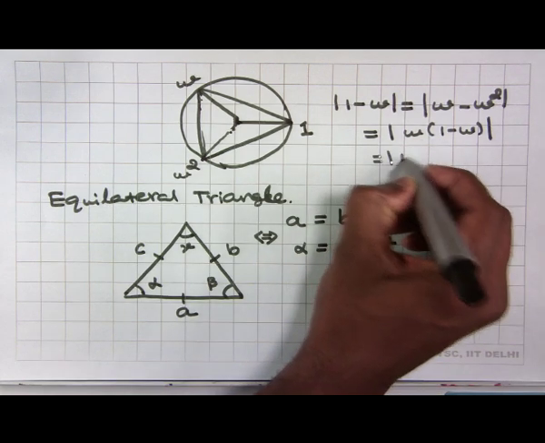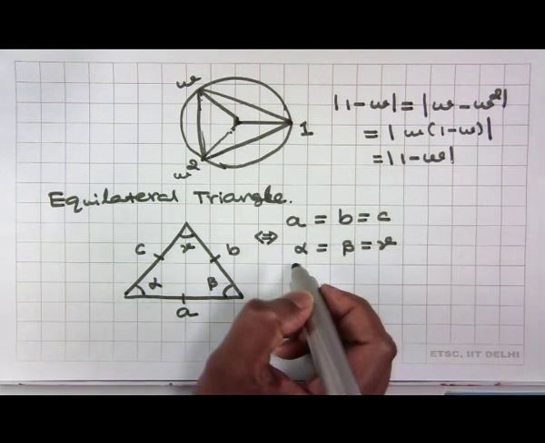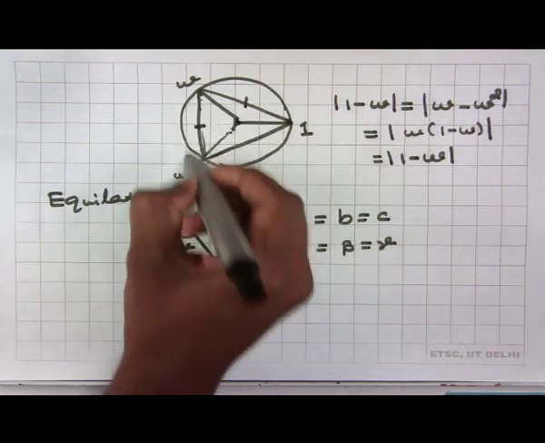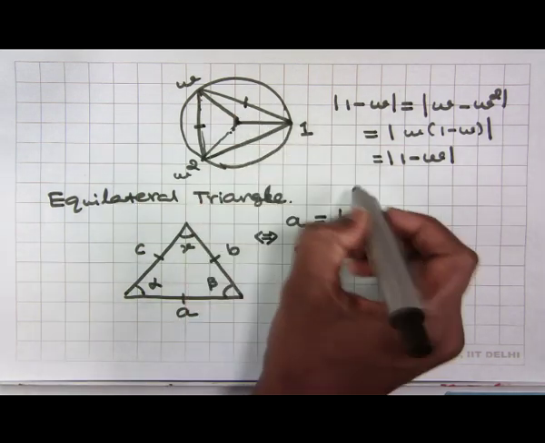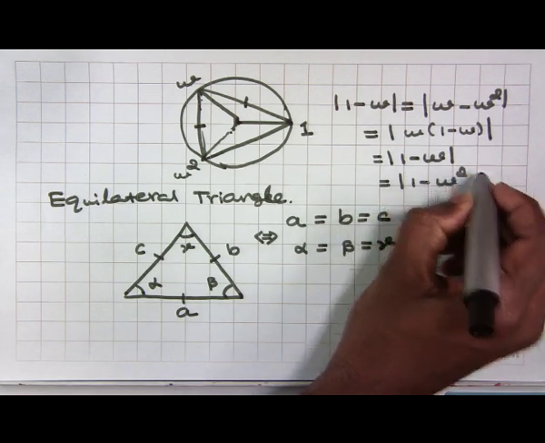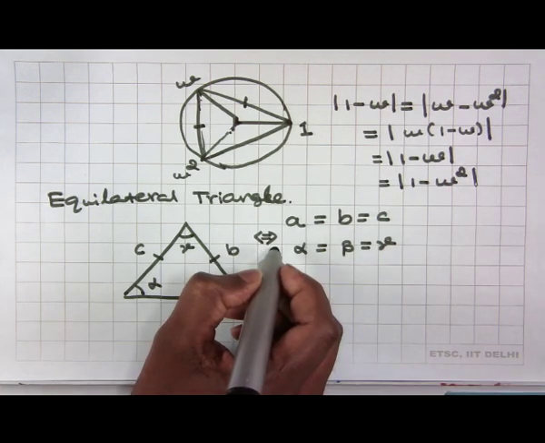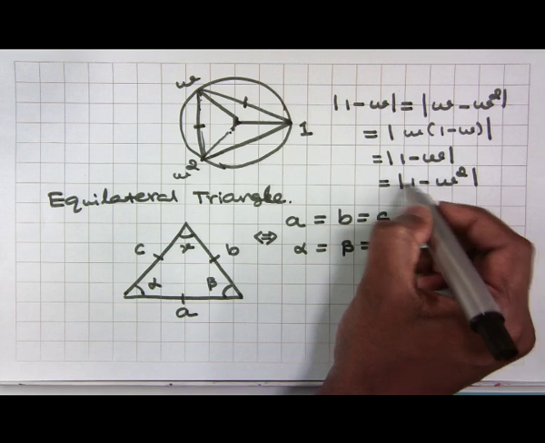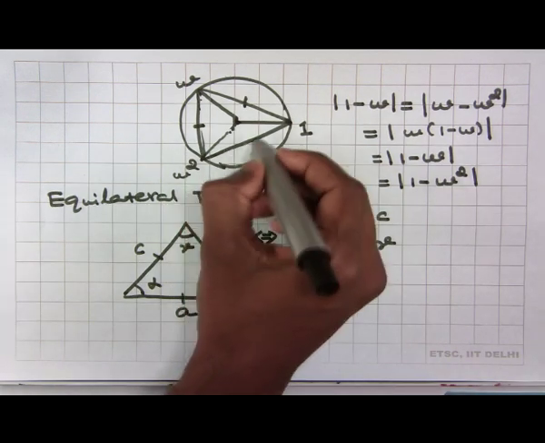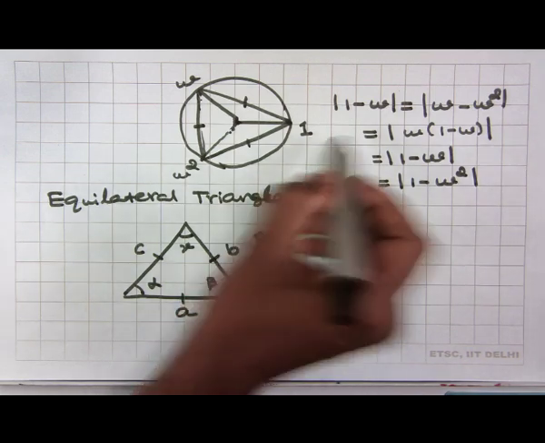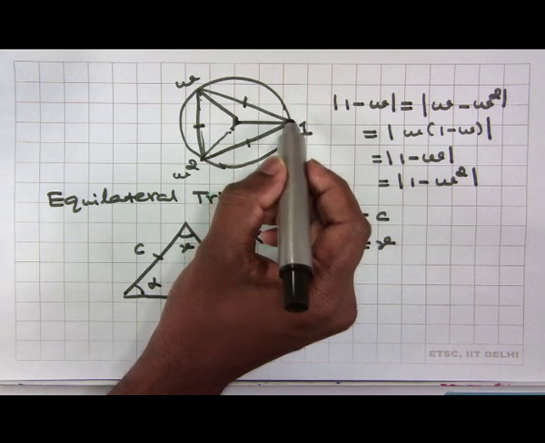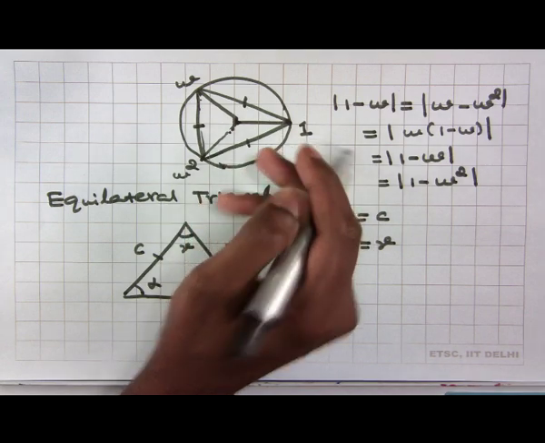So you get that this is 1 minus omega, which means that this side and this side length are equal. Similarly, you can see that this is also equal to 1 minus omega square, which you can multiply by mod omega, then you will see that immediately it is equal to the other side. So we could directly verify that the triangle placed with vertices 1, omega, omega square gives us an equilateral triangle.